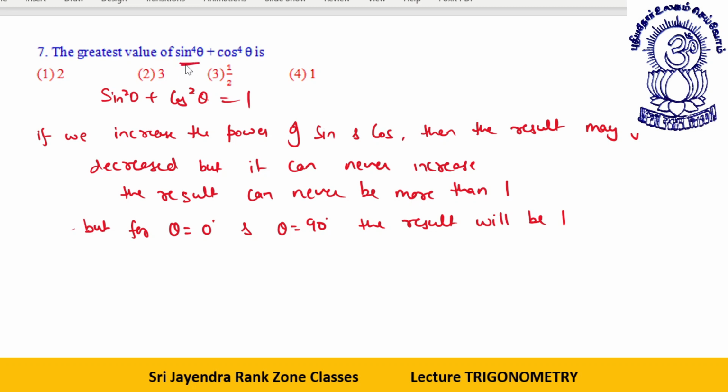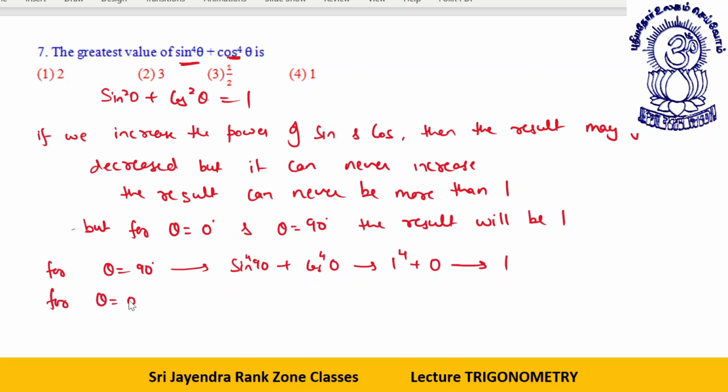Okay, sine 90 will be 1, cos 90 will be 0. For theta is equal to 90 degree, we have sine 90 raised to power 4 plus cos 90 raised to power 4. That is 1 raised to power 4 plus 0, that will be 1.